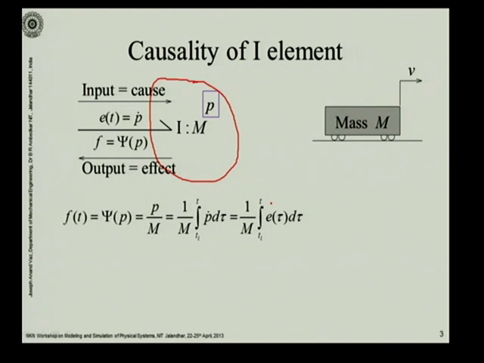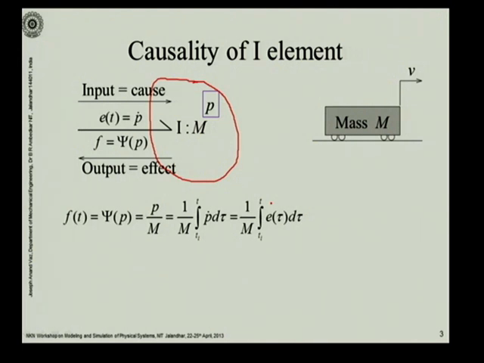In this case, effort is the cause. You are taking the complete past history of the cause up to the present time, and naturally your effect depends upon the past history of the cause. This is quite natural and quite understandable: if an effect is produced, it cannot be on account of a future cause, it has to be dependent on the past.